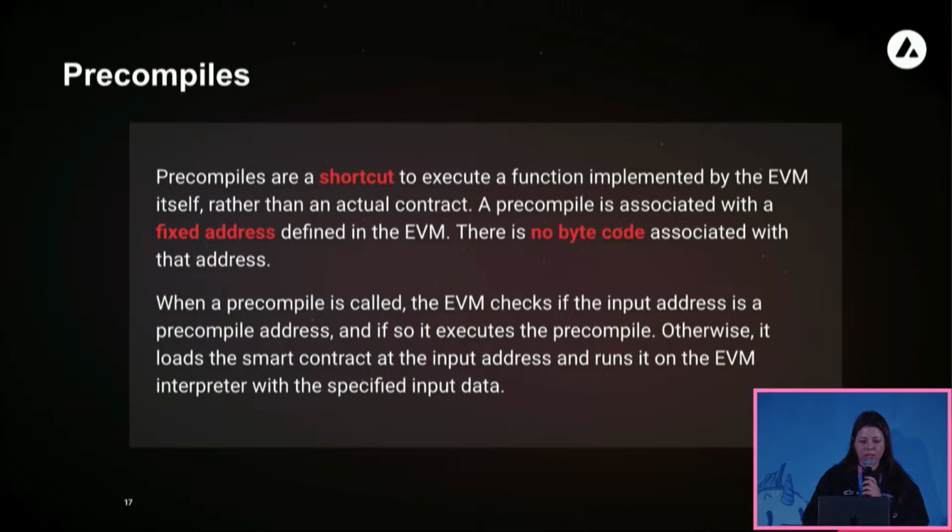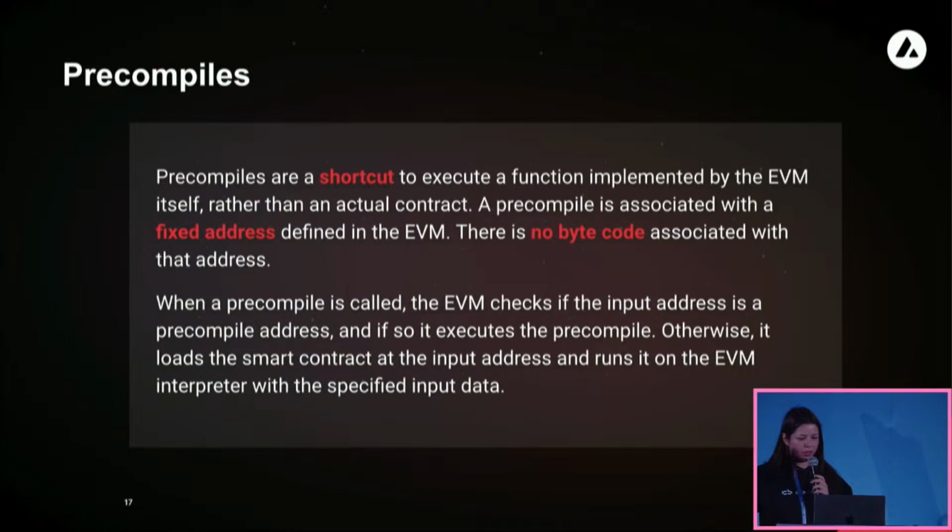Something to have in mind as well is that precompiles are not at the bytecode level. You don't have any bytecode associated with this. You will be modifying the specific code of the virtual machine. So think of it as a shortcut to execute specific functions of your virtual machine. An important thing is how this works: whenever a precompile is called, it is deployed at some specific address.